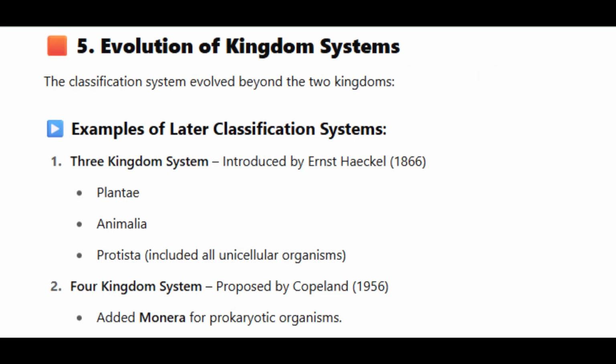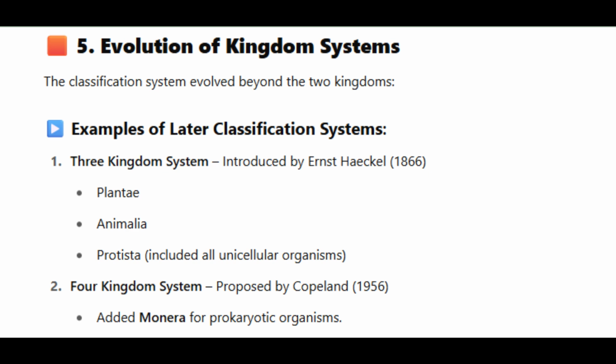5. Evolution of kingdom systems. Let's explore how the classification evolved. In 1866, Ernst Haeckel added a third kingdom, Protista, for unicellular organisms to the two kingdoms, and hence it becomes the three-kingdom classification system. In 1956, Copeland added a fourth, Monera, a group dedicated for prokaryotes like bacteria.